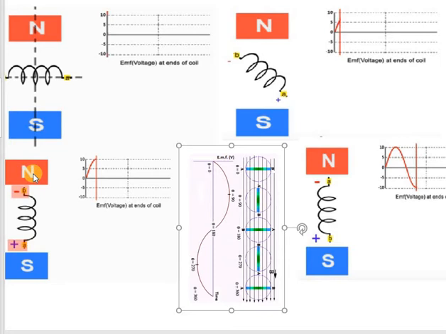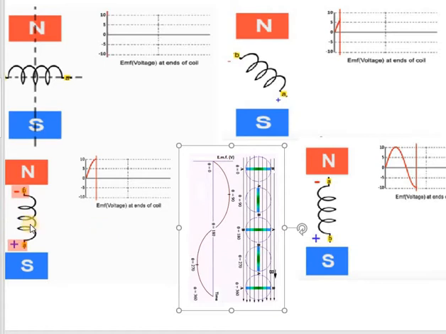Once the coil turns to a position at 90 degrees, the sides of the coil that are moving perpendicular to the magnetic field will be cutting through the magnetic field lines at the greatest rate. So when it gets to here, the coil line is in this direction, and the magnetic field works in this direction.